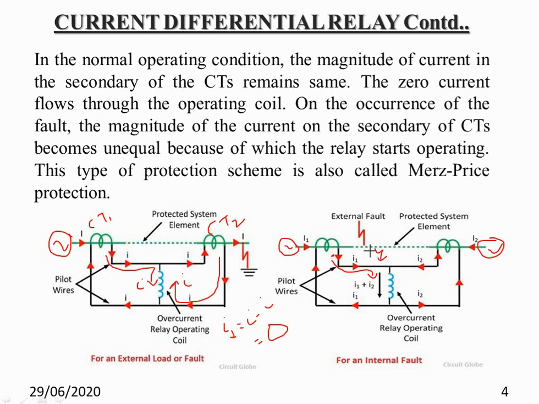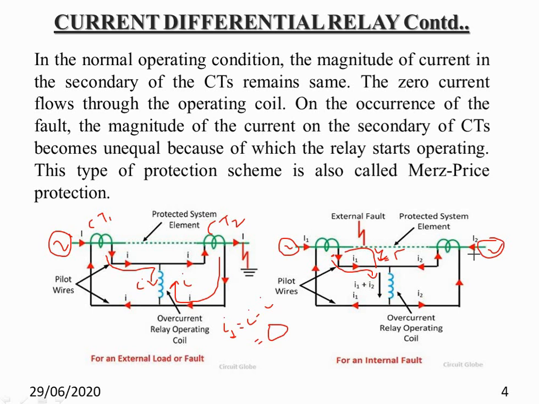Now if a fault has happened here, the current will flow through that fault area. Suppose this winding has been grounded. Then the total current will flow to ground through this. The source is here.